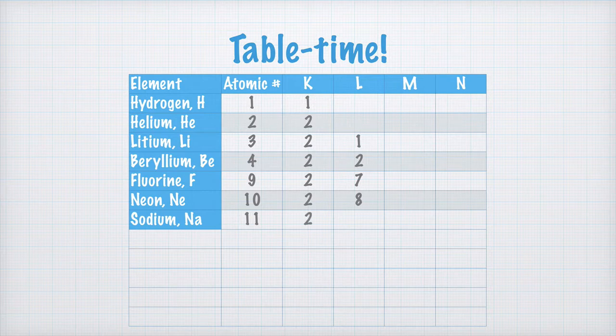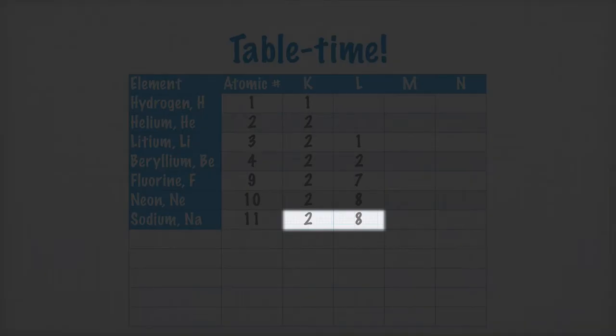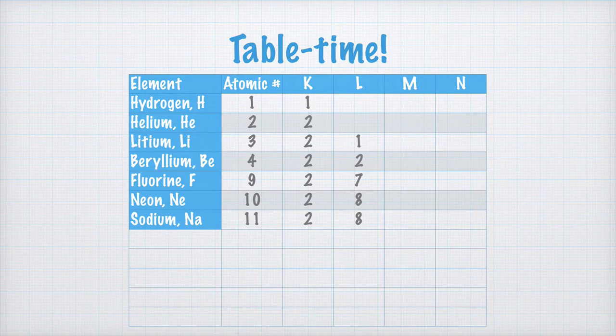But how many should there be in the L shell? Well, it is only possible to fit 8 electrons in the L shell. That's why we put 8 electrons in the L shell like this. 8 plus 2 equals 10, so then we have 1 electron left, and it will then end up in the M shell.